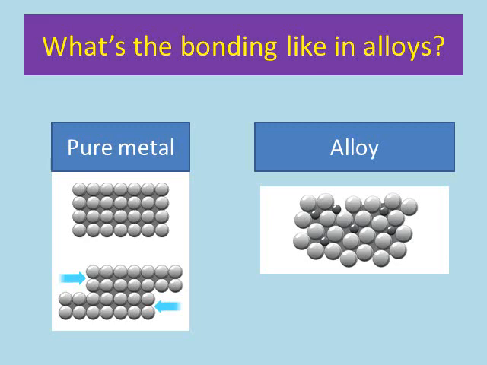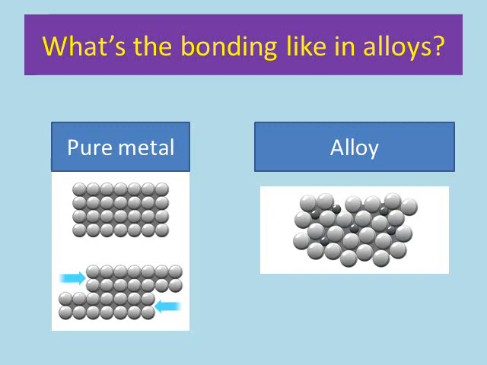It means that if you hit this with a hammer, it's going to be more brittle, it's not going to be as malleable, it's not going to change shape as easily, because those neat lines, which are in a pure metal, are not there. They've been disrupted, they've been distorted by the addition of whatever the metal has been mixed with.